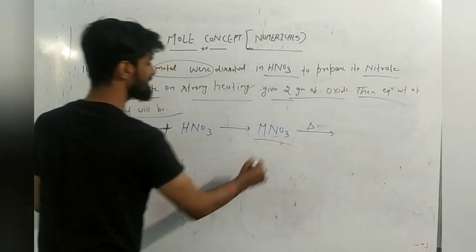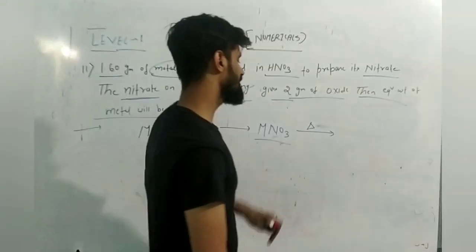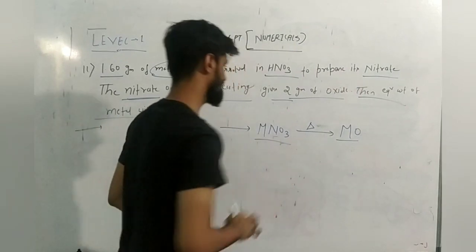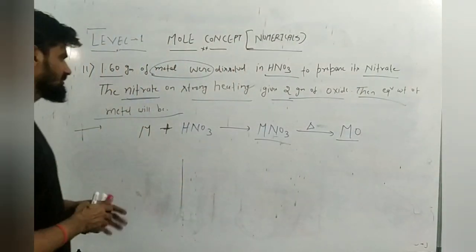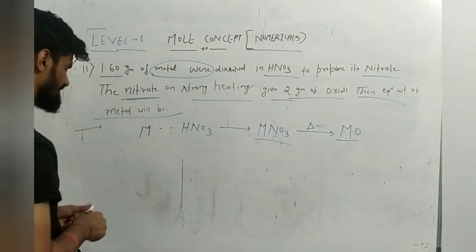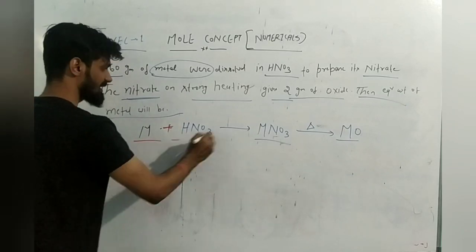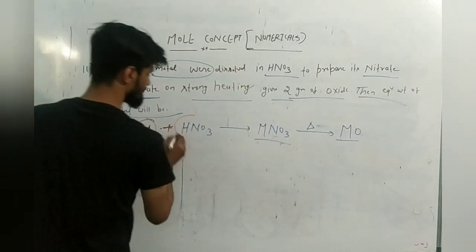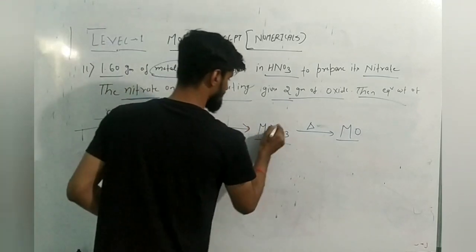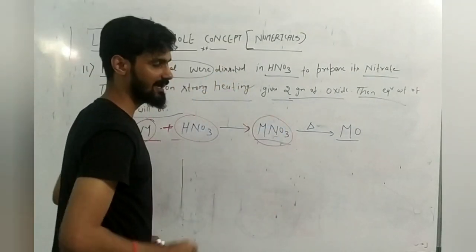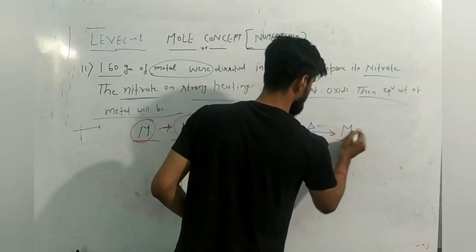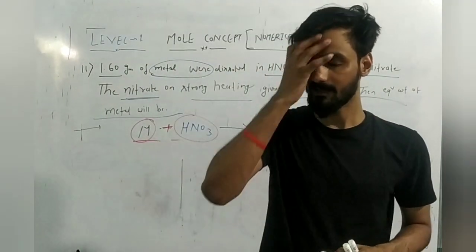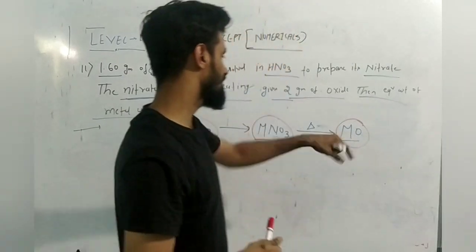This nitrate is again heated, and it gives 2 gram of metal oxide. Just you have to identify a rough sketch: which types of things will be happening here, and which types of reaction can happen? So the question is, you have one metal reacting with HNO3 to produce metal nitrate, and again the metal nitrate is heated to produce metal oxide. You have to calculate the equivalent weight of the metal. So how will you proceed?